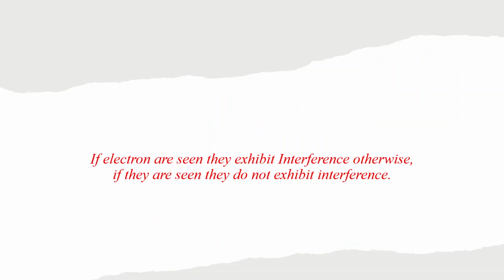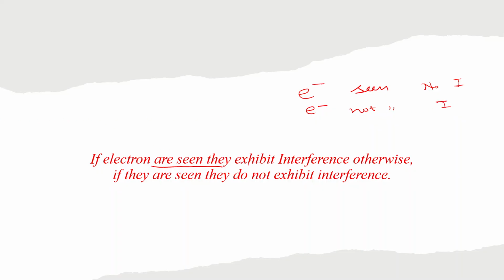So if electrons are seen, they exhibit interference. So I think I have written it wrong. Electron seen means no interference, but electron not seen means interference.